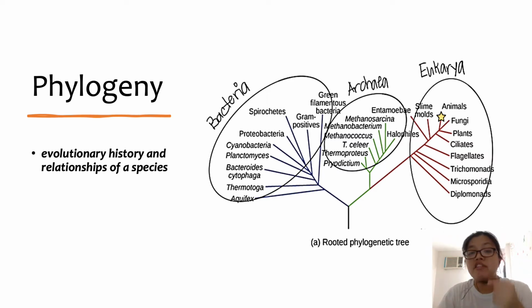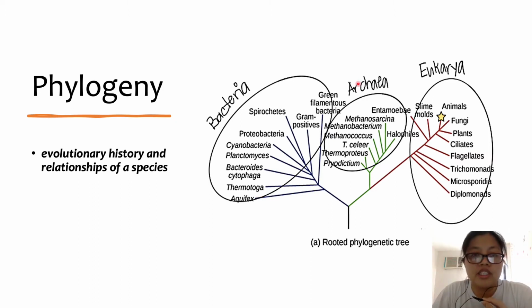But just to reiterate, phylogeny is a hypothetical evolutionary relationship, or an illustration of the hypothetical evolutionary relationship among different species. Phylogeny can also tell us about morphological and molecular changes that occur in a species lineage. It can also tell us about the sequence of descent from an ancestor.